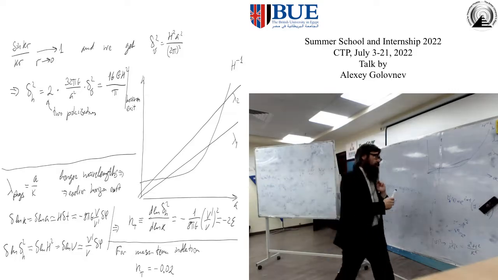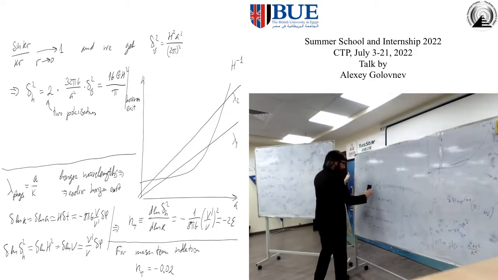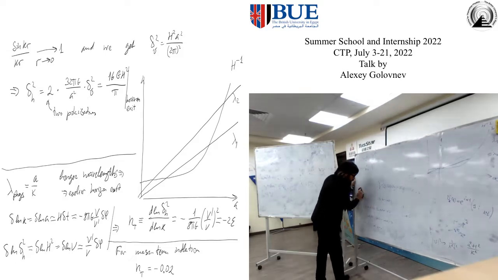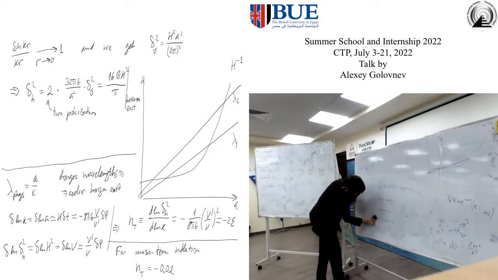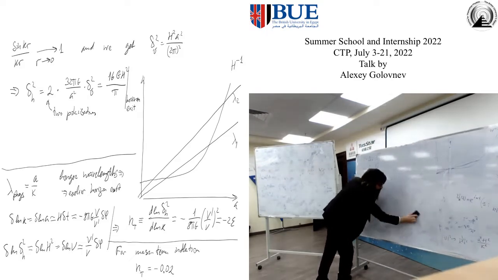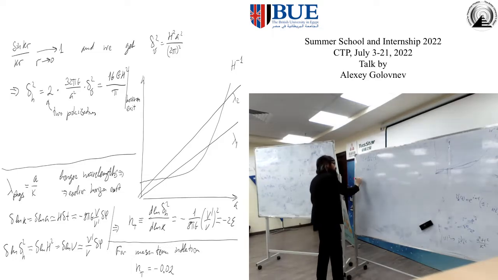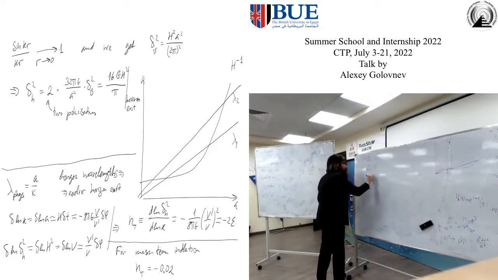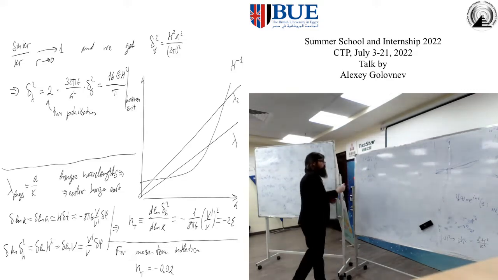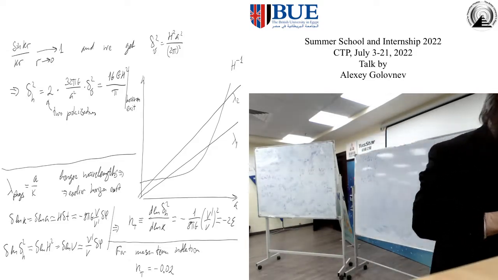And maybe the last thing I'm going to do now about this topic is to estimate the tilt. That's very simple, so I want to show you how it goes. By definition, the tensorial tilt is the double logarithmic derivative of this power spectrum with respect to the wave number. That's just the definition.